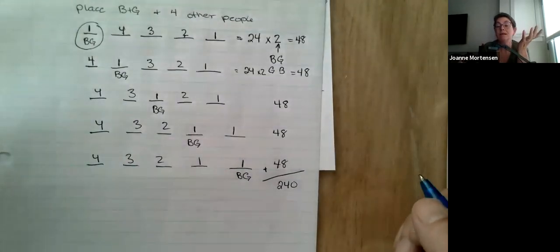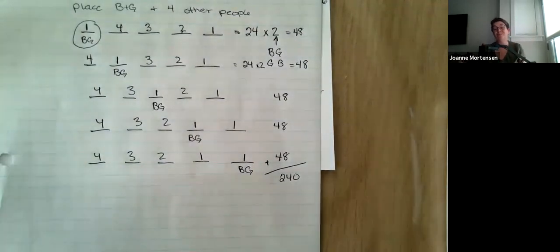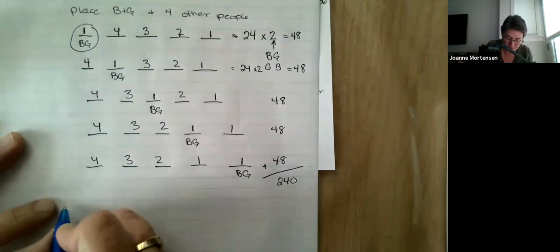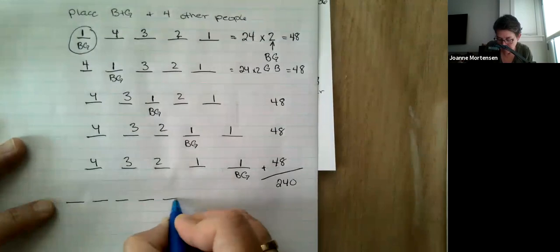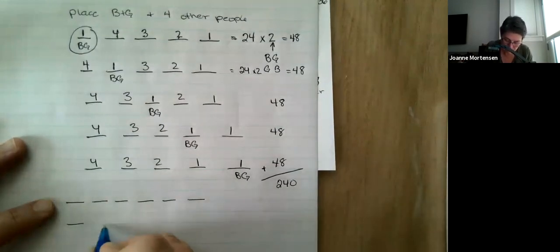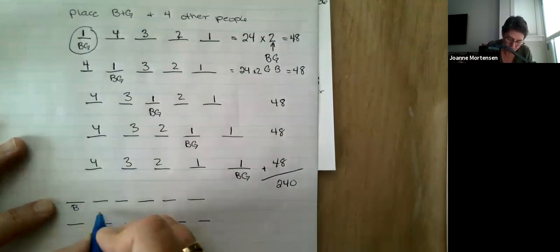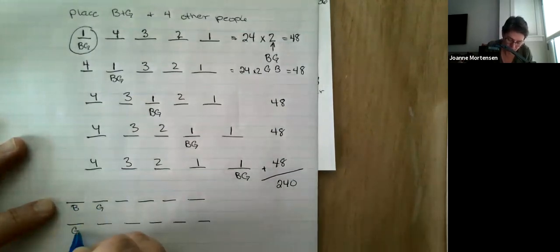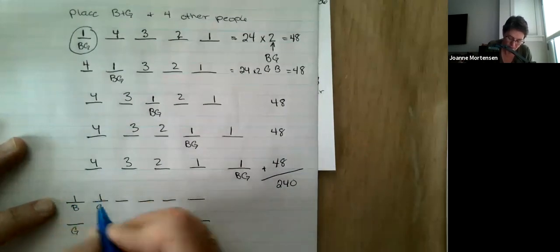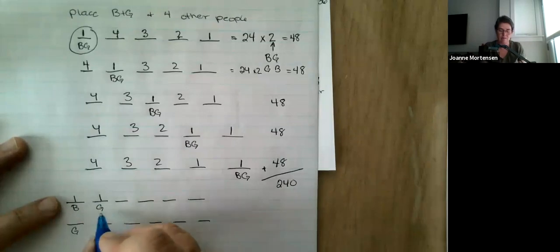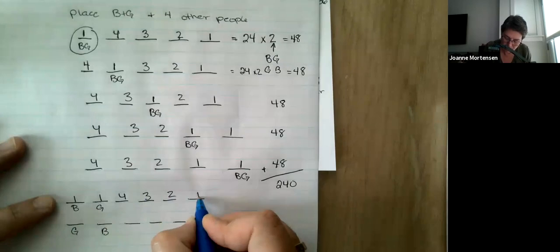I think I saved some time because you could have done, I'm just going to show you a couple because I don't want to do it all. You could have stuck with the 6. 1, 2, 3, 4, 5, 6. And said, we're going to have Beth, and Gloria, and Gloria, and Beth. Maybe a 1 and a 1. Because there's only one Beth, one Gloria, and then there's 4 other people. 4, 3, 2, 1.